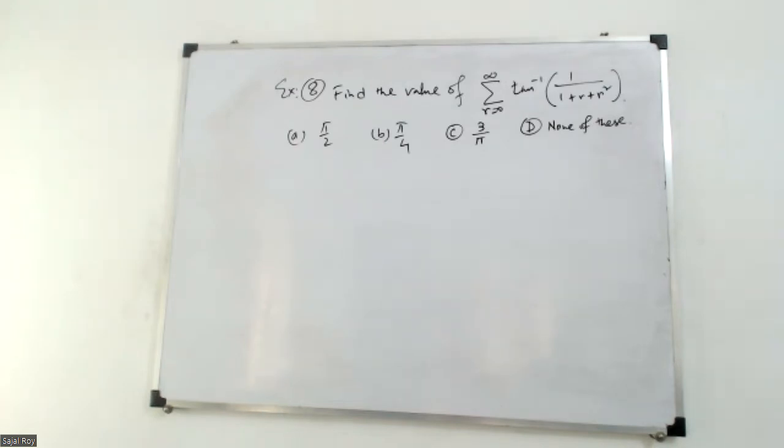Same question. You have to write the denominator in such a way that you have 1 plus AB form.